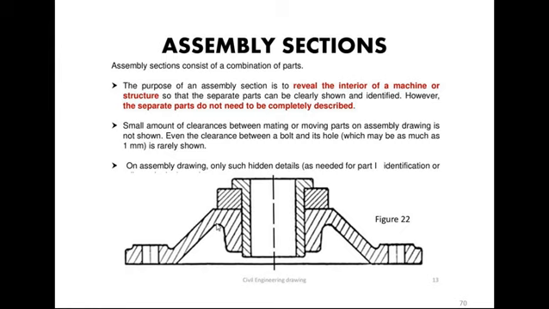How is it useful for us? When you see this, you are easily able to identify that this is a different component, this is a different component, and this is a different component.